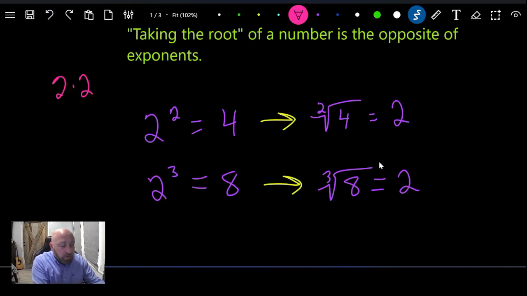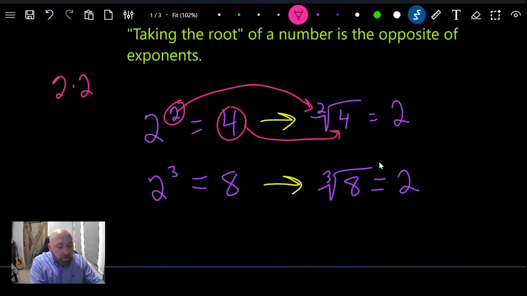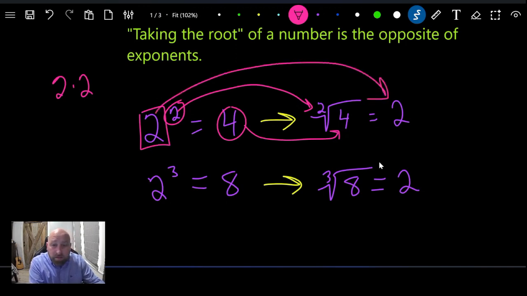Look. If we take our exponent, it's the index, and then we take our answer and put it here under the radical sign, and then we take the base of the exponent, it's back to our new answer. All the elements are there. So if we take 2 cubed, what does that mean? 2 times 2 times 2, and that equals 8.